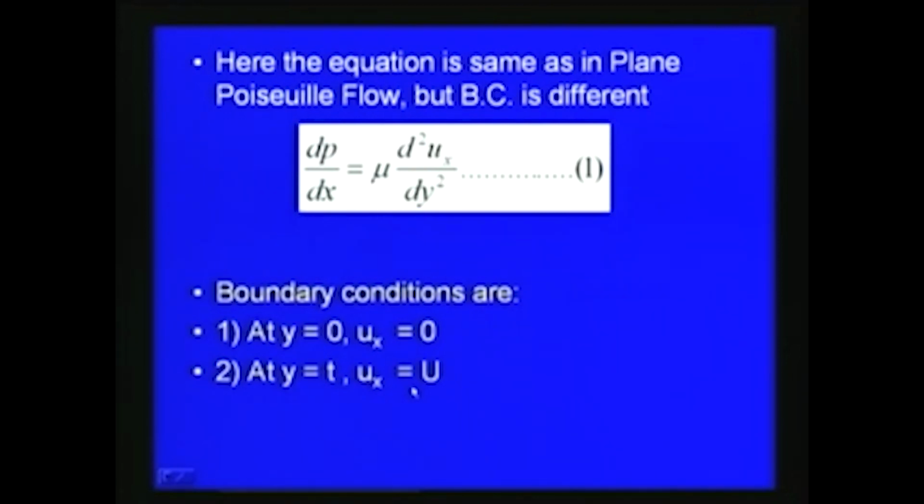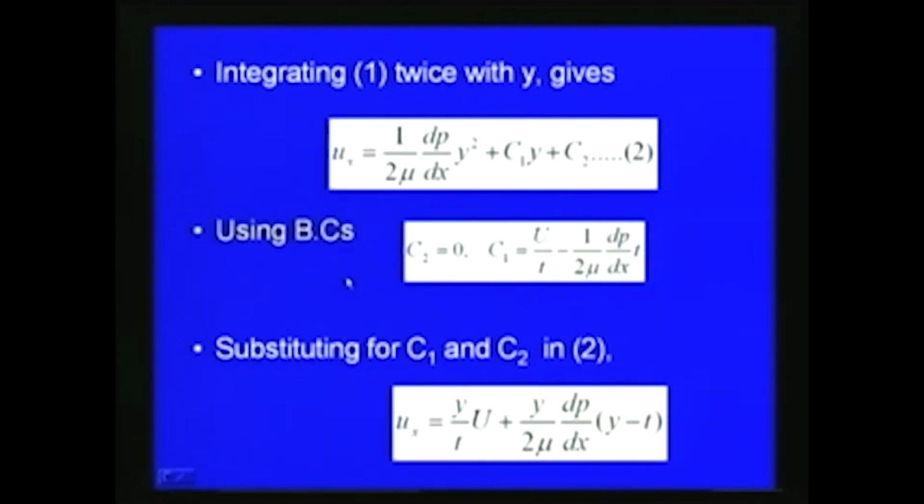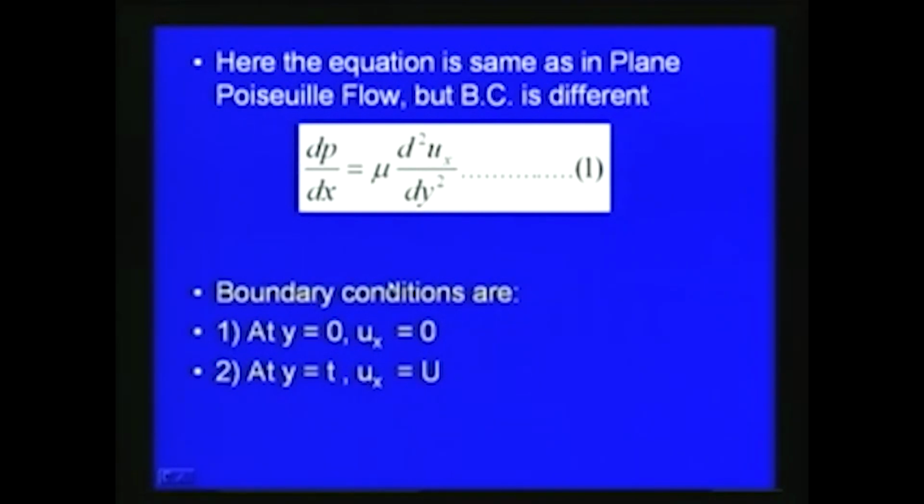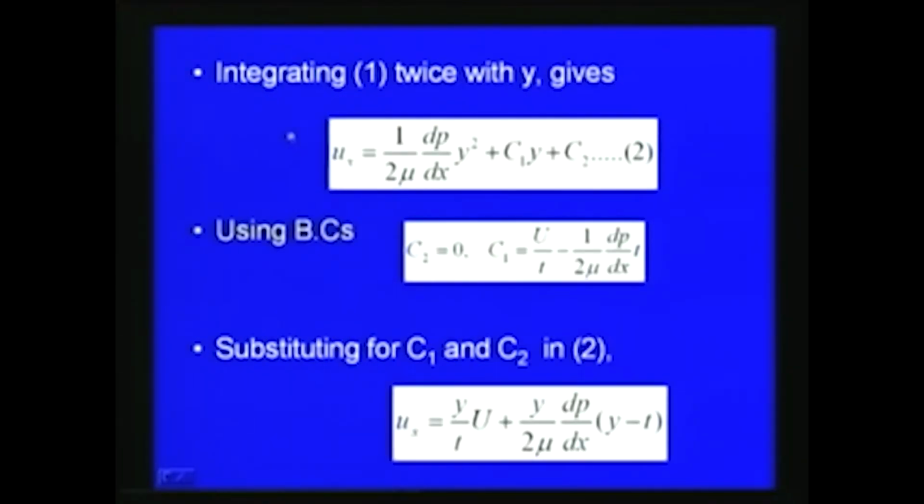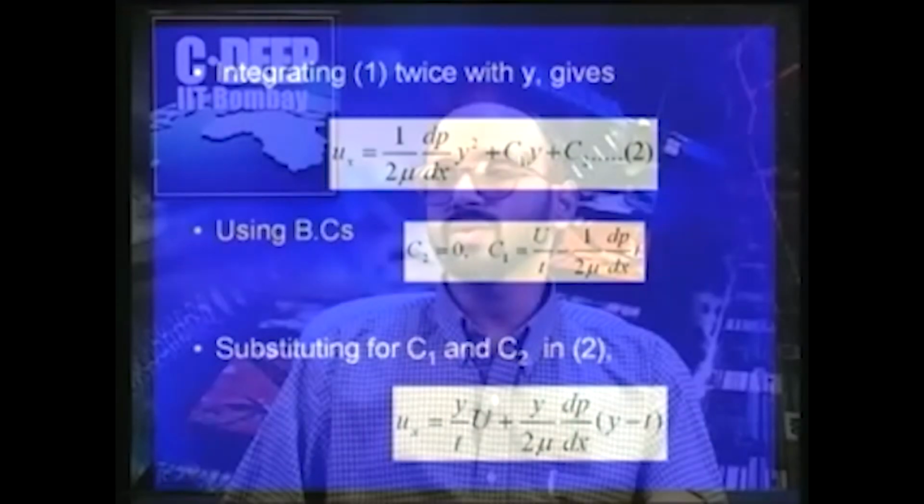Now, as we discussed in the case of plane Poiseuille flow between two fixed parallel plates, to derive an expression for the velocity we can integrate this expression twice. Integrating twice with respect to y gives ux equal to 1 by 2 mu dp by dx y squared plus c1 y plus c2, where c1 and c2 are constants of integration.